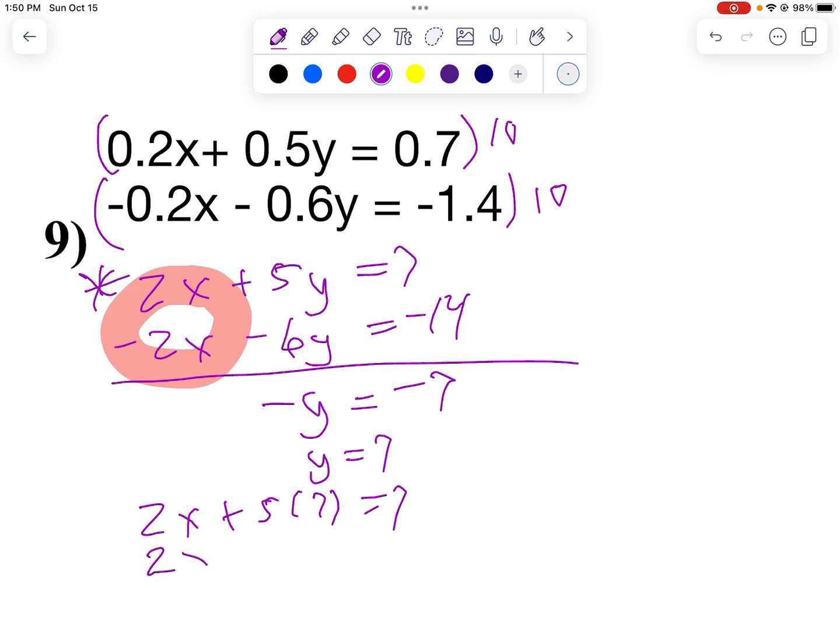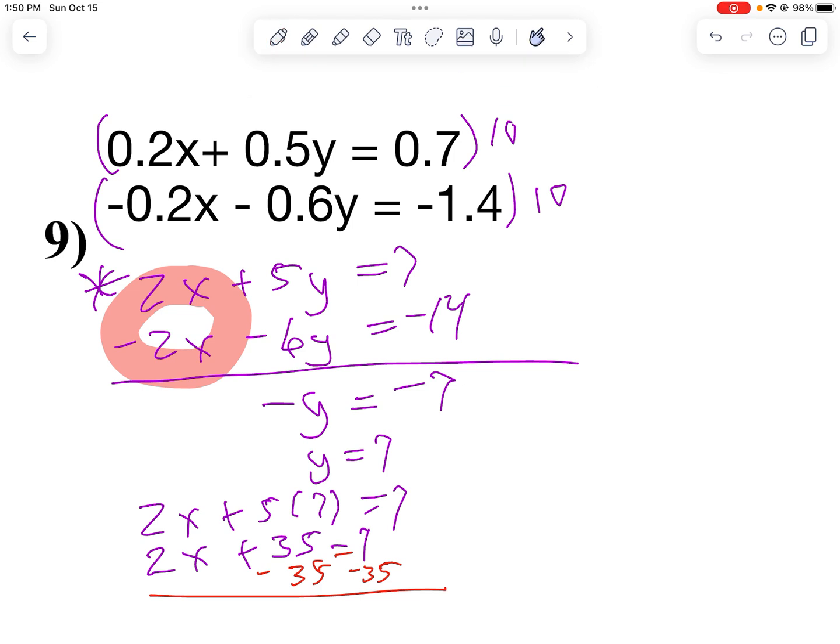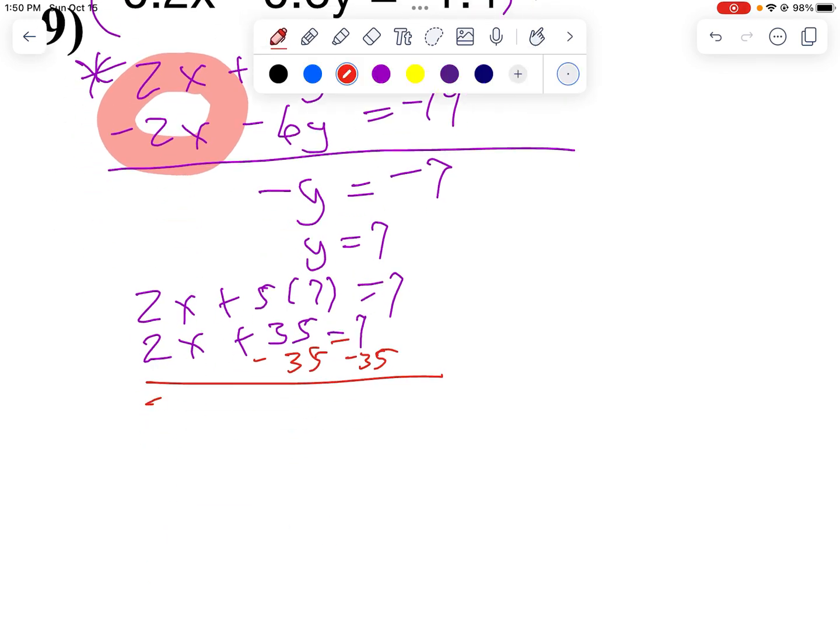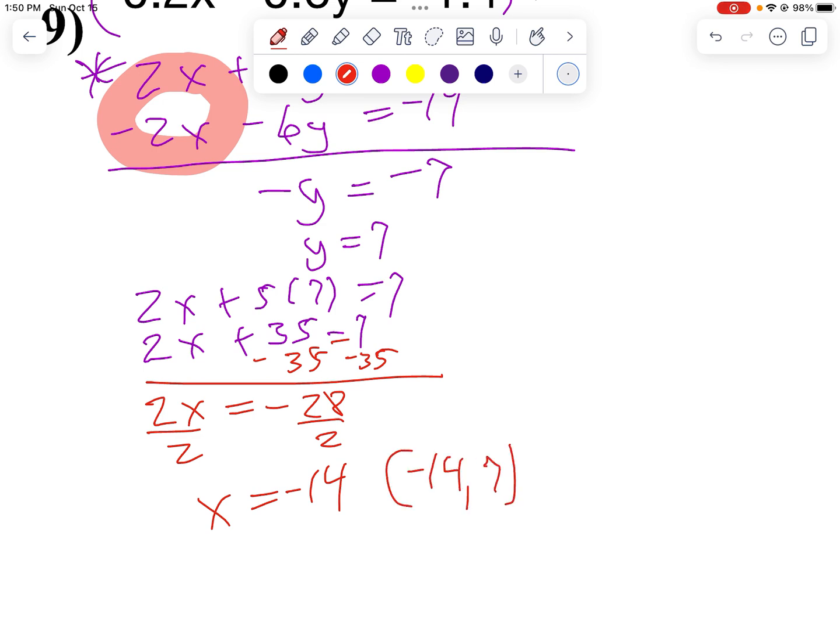So we can simplify that. 2x plus 35 equals 7. I will minus 35 from both sides. And then we get 2x equals -28. I'll divide both sides by 2. X is -14. So my solution is -14 and 7. And there's your answer to that one.